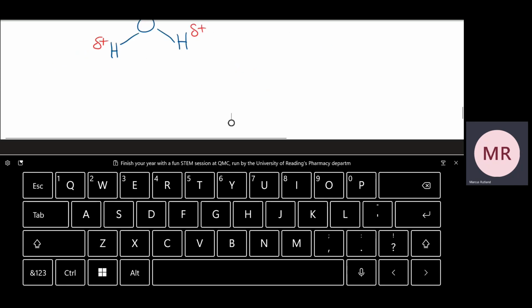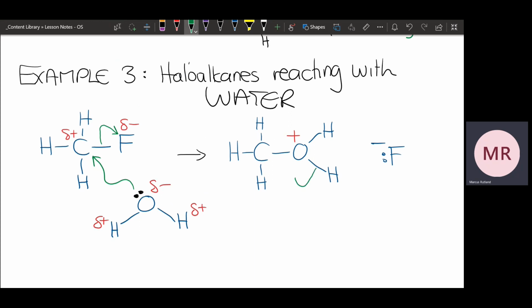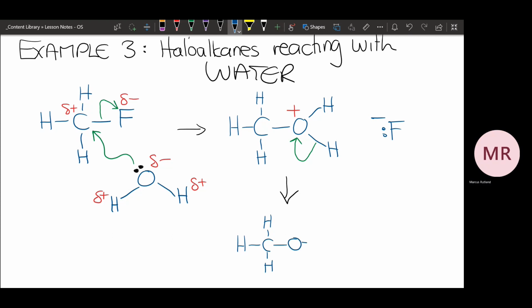So just like the ammonia, we have one of these OH bonds breaking with the electrons going on to the oxygen. So it picks up an extra electron there to get rid of that positive charge. And the outcome is then that this is an alcohol, where we had the haloalkane before.